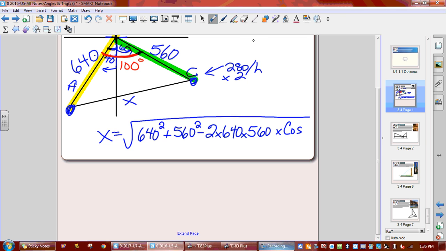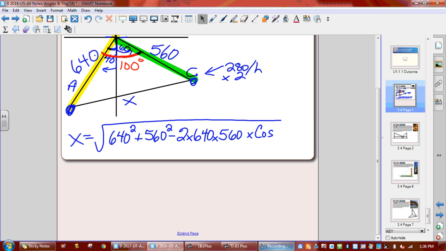How big is our angle? 100. Excellent. Cos of 100. You don't need a space there. If you put it under the root sign, it's going to solve it for you all in one big shot. So everybody type it in. And this is how far apart they are after 2 hours.